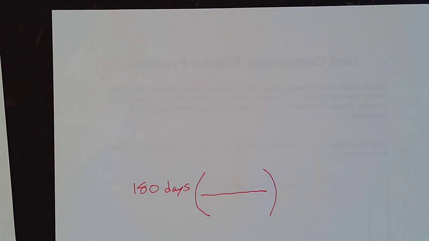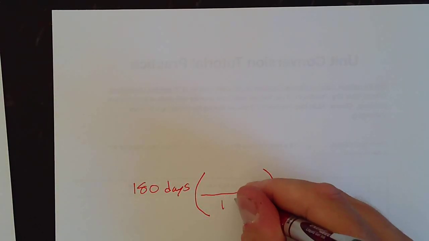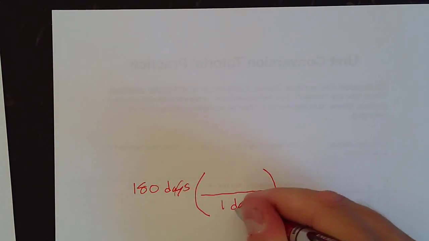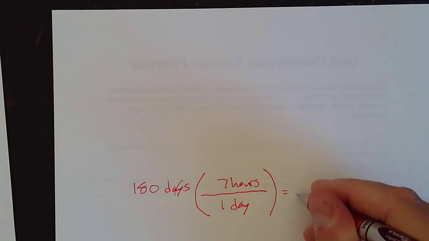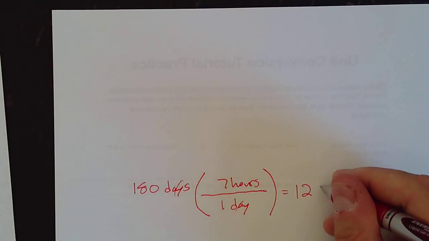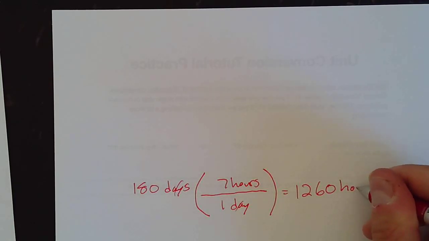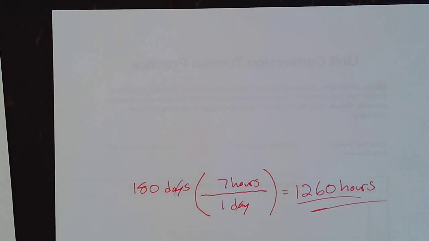If I'm in school 180 days, and I want to know how many hours throughout those 180 days I spend here, 7 hours a day is 1 day. The days are going to cancel. There's only 7 hours that we're here, and we're here for 1,260 hours for the year.